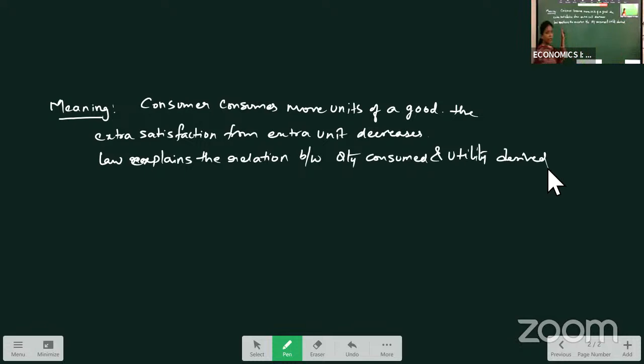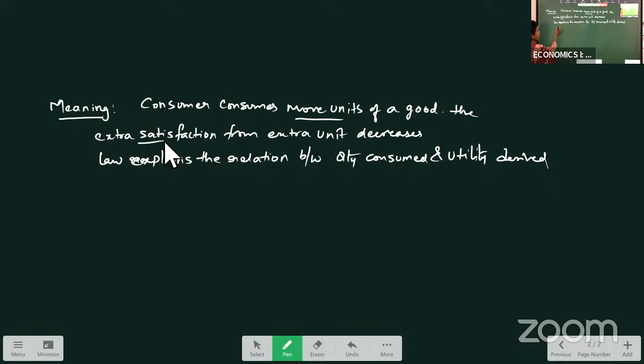As the quantity increases, our utility decreases. From the extra unit, our extra satisfaction is our utility. That's why we say this law explains the relation between quantity consumed and utility derived.